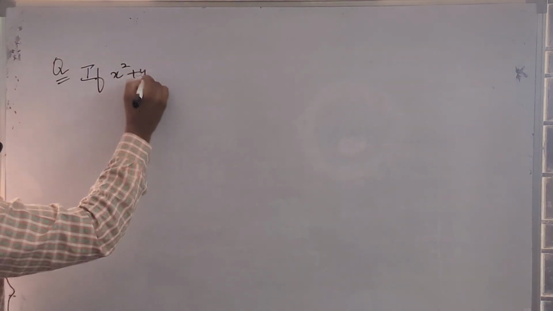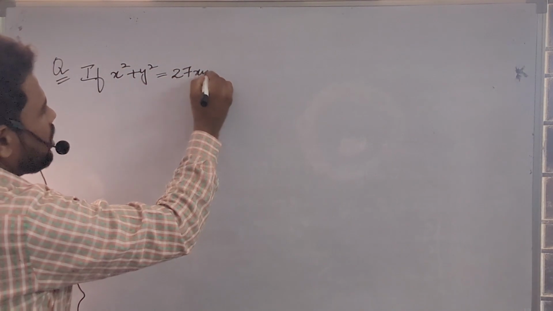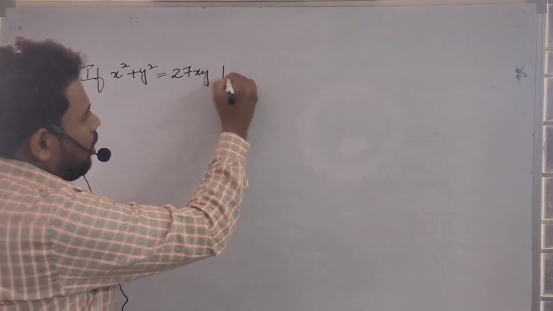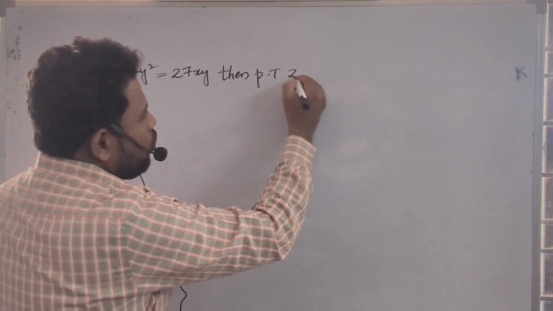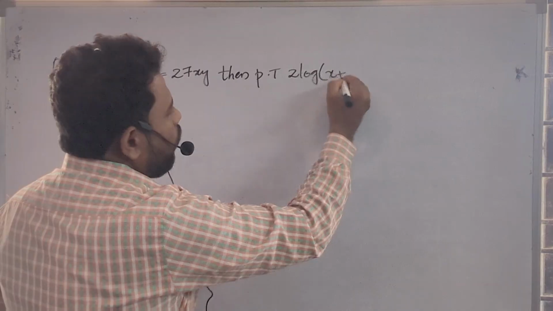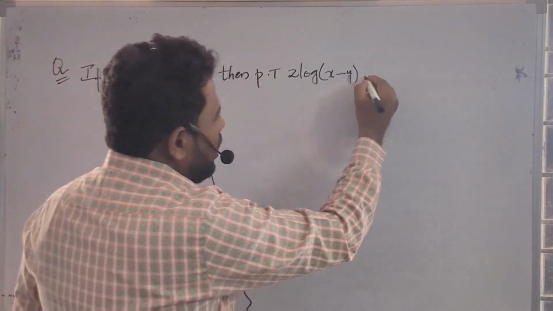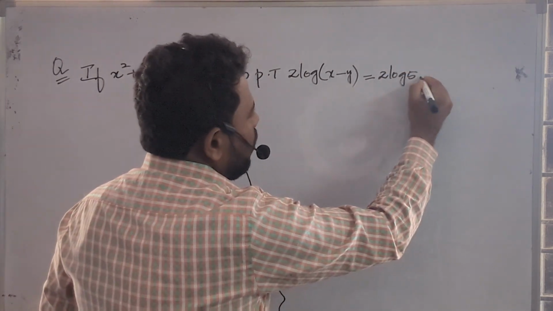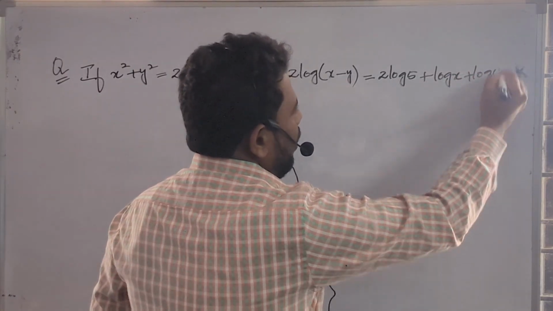So the question is, see here: if x square plus y square equals 27xy, then prove that 2 log of (x minus y) equals 2 log 5 plus log x plus log y.